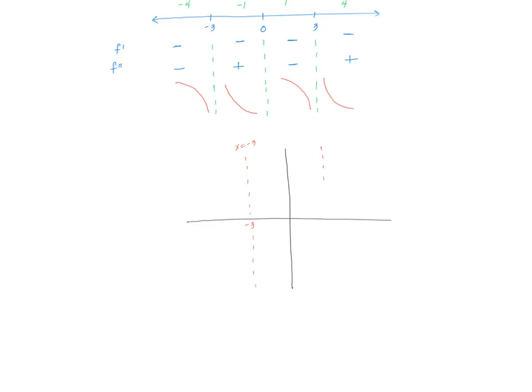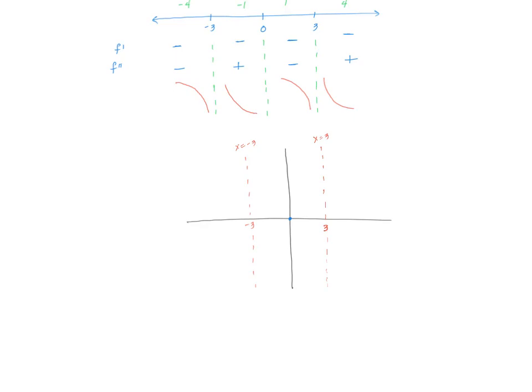And then x is equal to 3 would be my other vertical asymptote. Probably should draw a 3 in here. Some points that I do know: I have an x and y intercept at (0, 0). All right, so I'm done. I can sketch my graph.